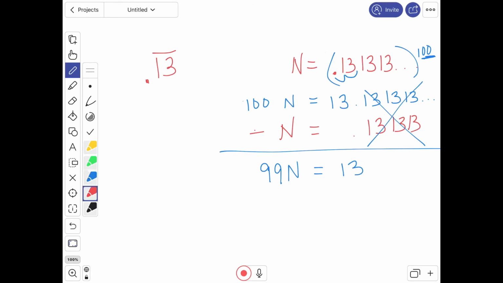And then we want to isolate by doing the opposite of multiplying, dividing both sides by 99. If I divide both sides by 99, these cancel and n is by himself, and I have 13 over 99.